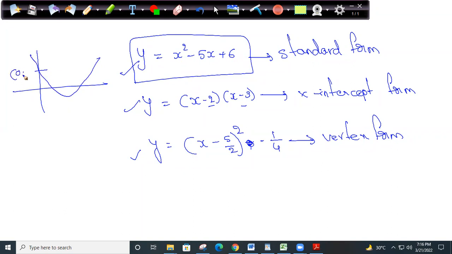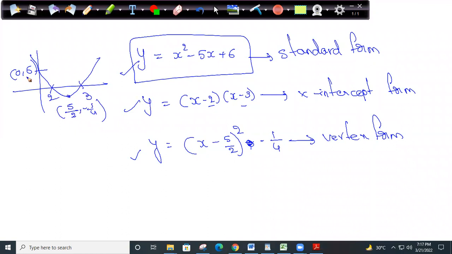So this point is (0, 6). And my x-intercepts are 2 and 3. And my vertex is (5 by 2, minus 1 by 4). See, all together they are giving you great information about this graph. So it is always advisable to write in different forms.